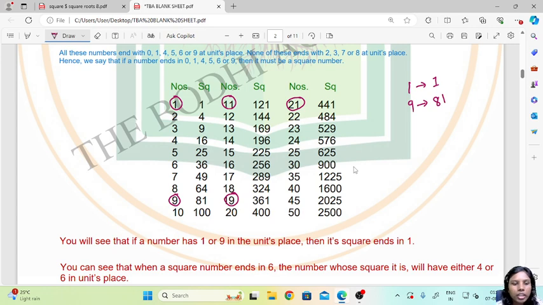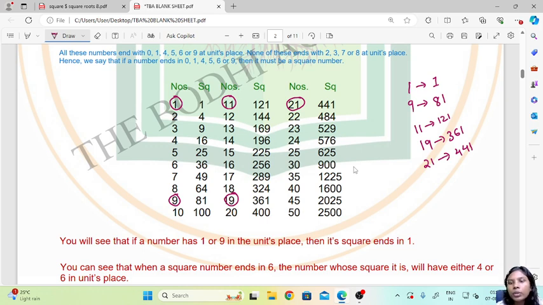The corresponding squares: where we have 11, we have 121, then 19 we have 361, and 21 we have 441. So wherever the number has either 1 or 9 in the units place, in all the cases the square of that number will always have a 1 in its unit place.